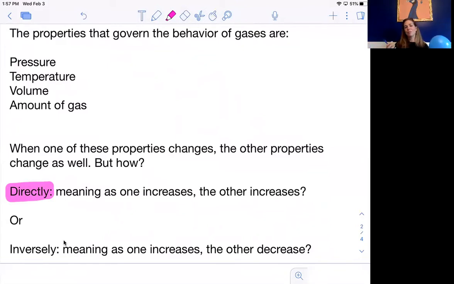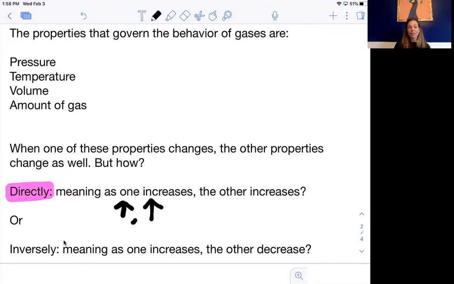Does the volume get bigger, meaning more air, more volume? Or does the volume get smaller, meaning more air, less volume? If you say the volume of the balloon increases, that means as I increase the amount of air, the volume increases. That's a direct relationship, which means as one variable goes up, so does the other variable.